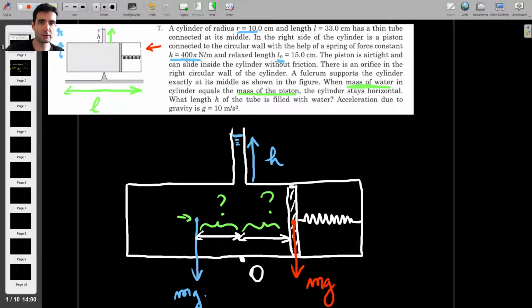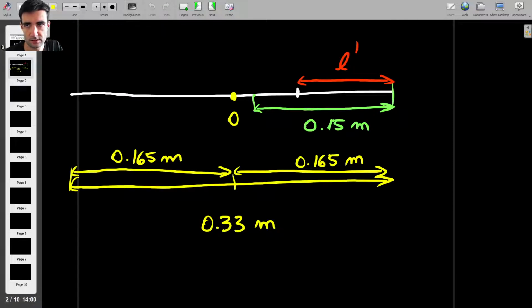So let's try to figure out where the center of mass of the water is actually located. Here's what we have. The water is spanning from the left side of the cylinder all the way to here, because this is where the piston is.